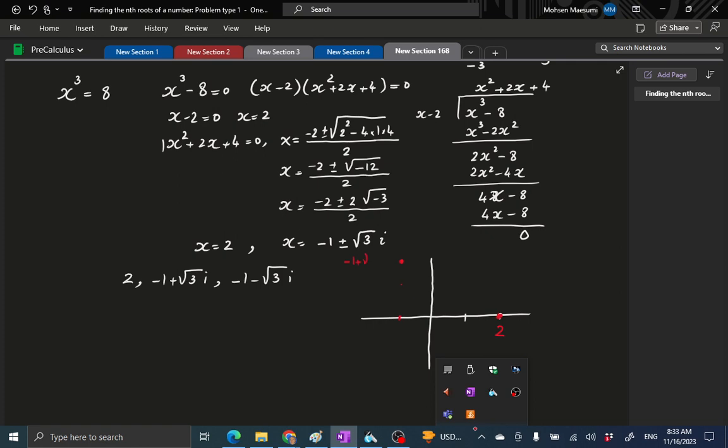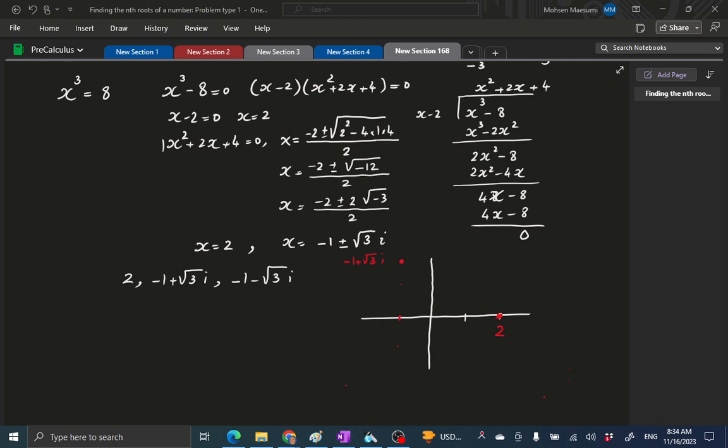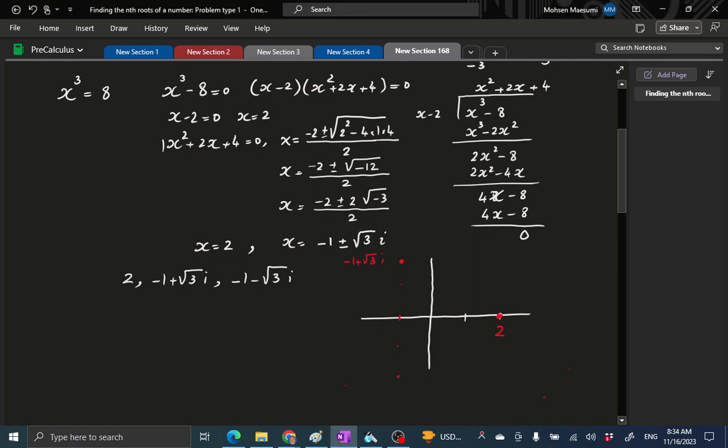Minus 1 plus radical 3i. And minus 1 minus radical 3i. So minus 1 minus radical 3i, somewhere down here. Minus 1 minus radical 3i.